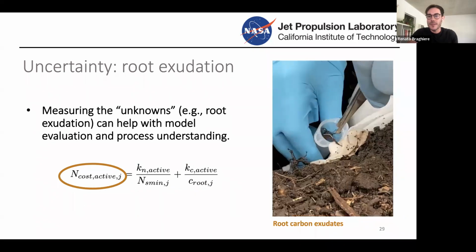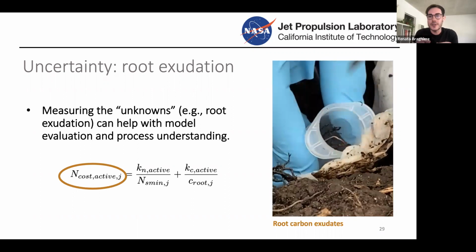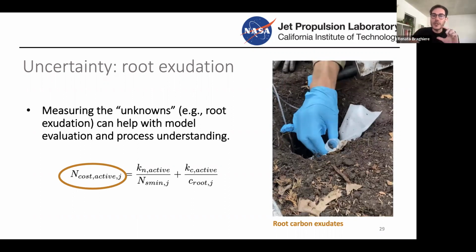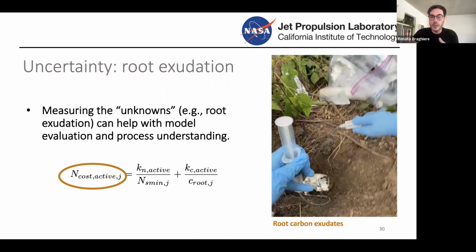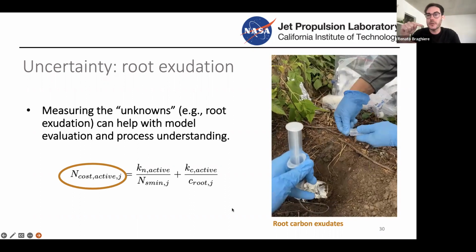So here is us digging a fine root very carefully to not break it and insert it in a vessel. And what we do then is to pump this solution into the vessel. It's a carbon-free solution.